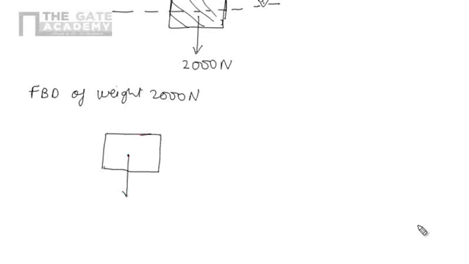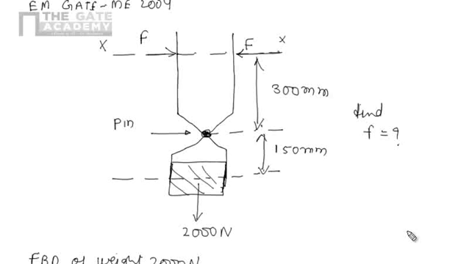Here the weight of the block is 2000 Newton, acting in a vertically downward direction. And here, if you see, there are two contacting surfaces, so there will be a frictional force here, but we are assuming that the pin joint is frictionless.